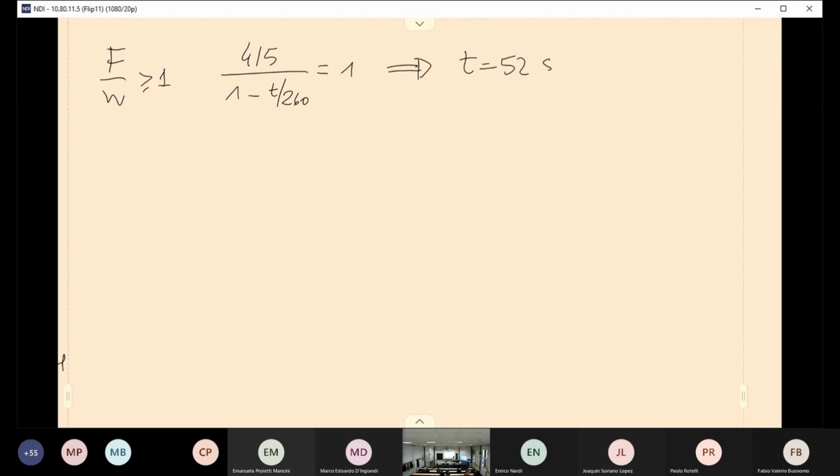The final question was, what would be the thrust to weight ratio needed to guarantee that one of the engines can fail after 10 seconds? Of course, this is just an exercise.